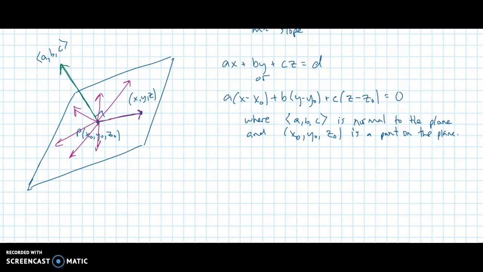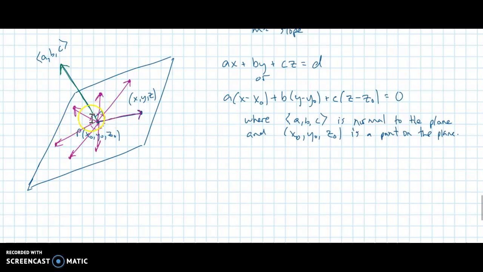What I want you to see about all of those vectors that I just drew is that I could draw my little circle like this with that right angle piece, and the green vector would be perpendicular to all of these vectors that are out in the plane. They all start at P and they all end at some x, y, z, all of which are in the plane.